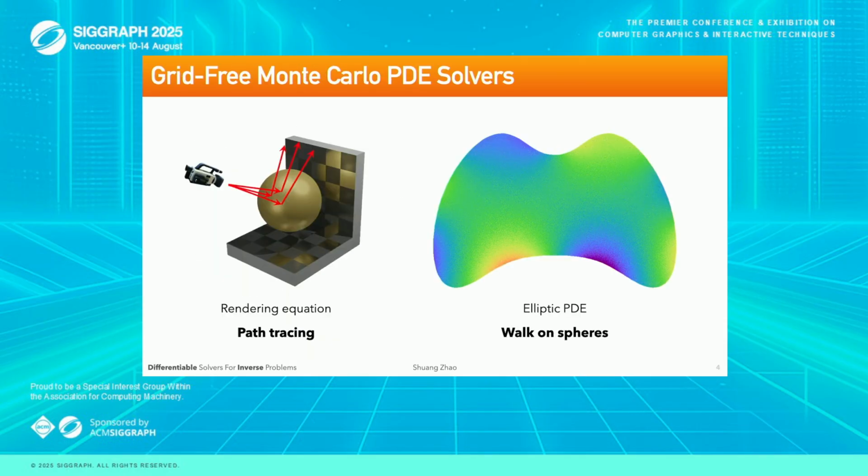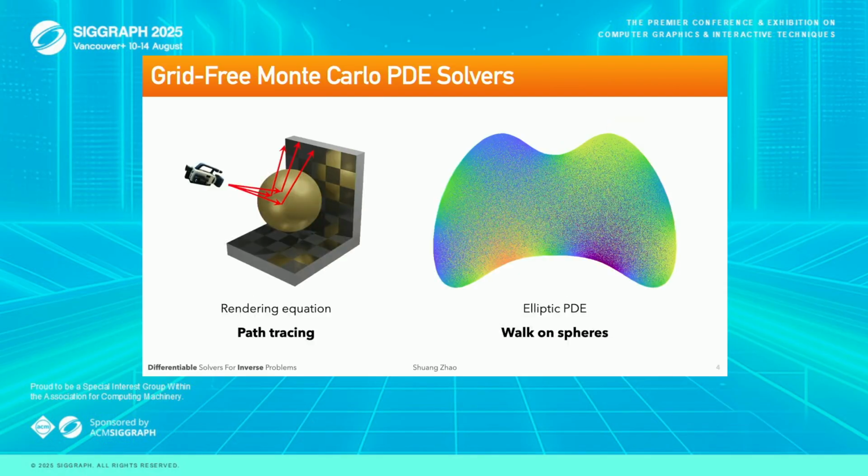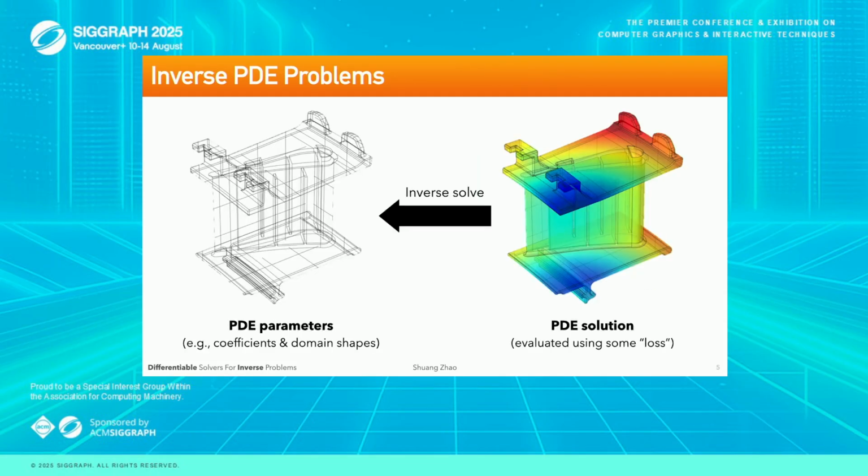So as you have seen in the earlier part of this course, following similar ideas as path tracing and forward rendering, we now have Monte Carlo solutions for PDEs. That enjoys a lot of advantages offered by Monte Carlo, for example, not having to do meshing, etc. However, very often in many applications, instead of doing just a forward solve, we want to solve certain inverse problems.